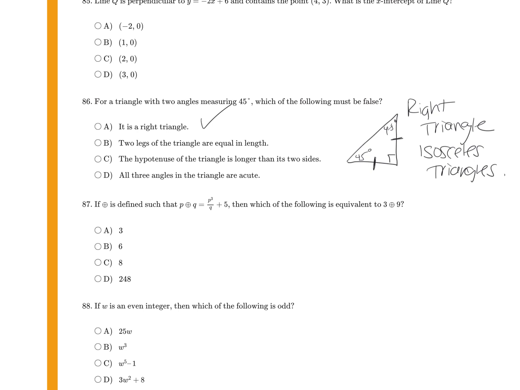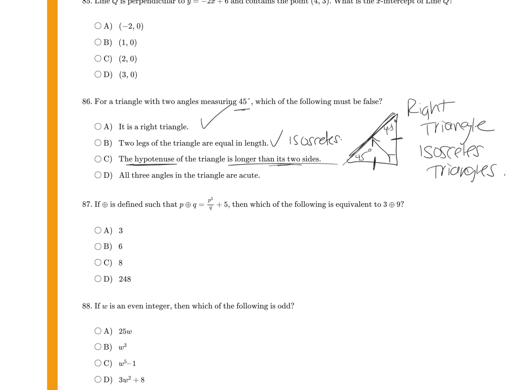Okay, so it is a right triangle. That's true. Two legs of the triangle are equal in length. Yep, that's true because it's isosceles. If two angles are the same, then two sides have to be the same. The hypotenuse of the triangle is longer than the two sides. Hypotenuse is the side across from the 90-degree angle, and yes, it is longer than the two sides.